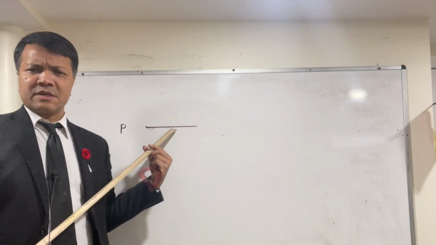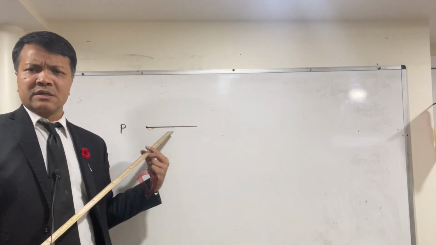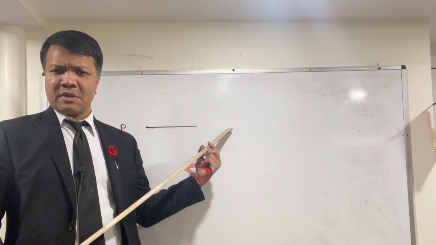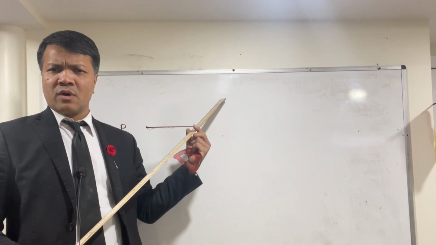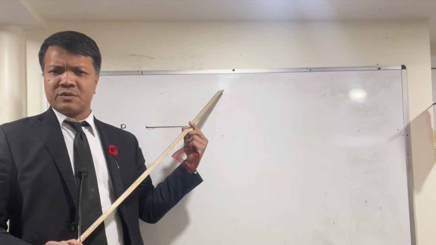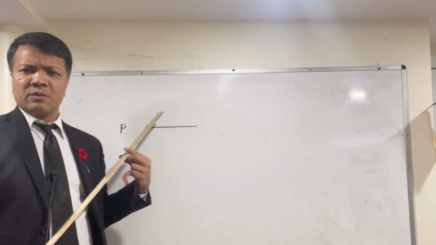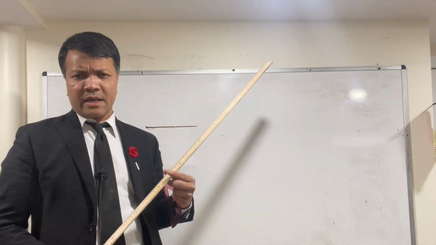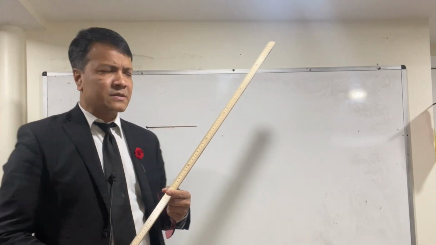A person starts walking from point P, walks 2 kilometers, and then makes a 90-degree angle, walks 1.4 kilometers to the, of course, east. What do you have to use? You have to use a protractor to find the angle of the resultant.